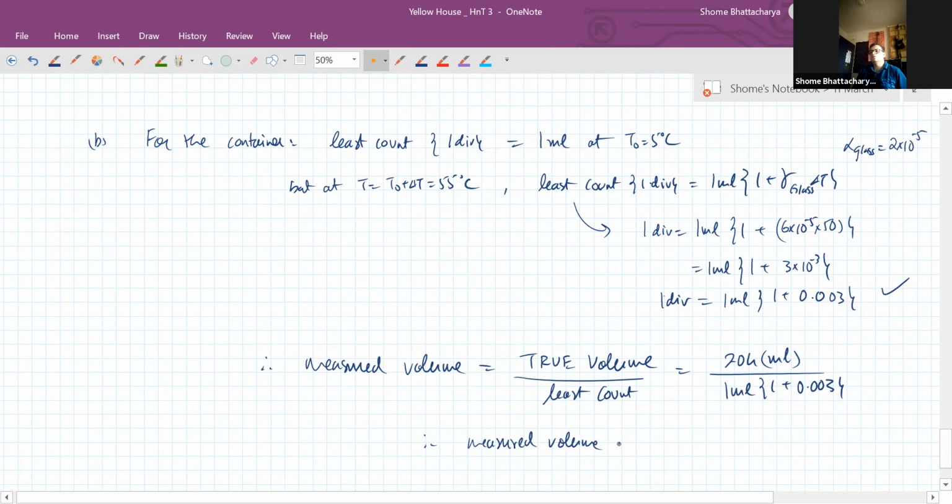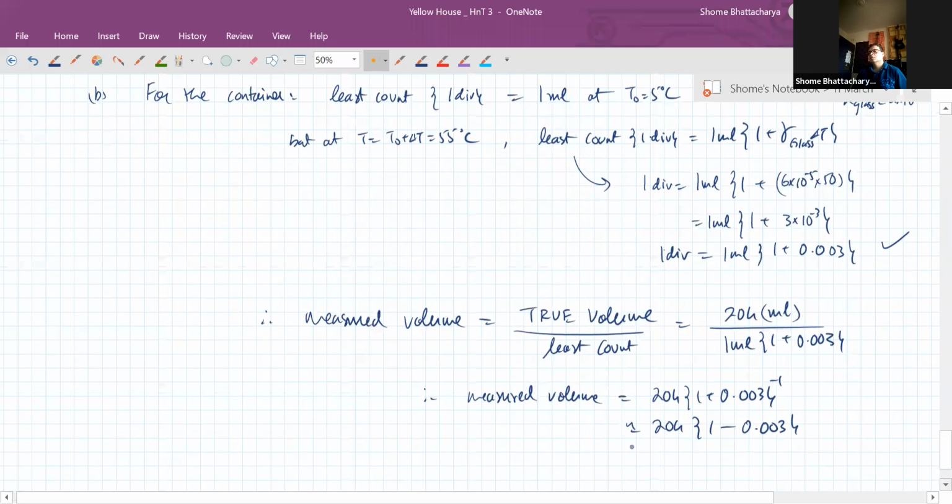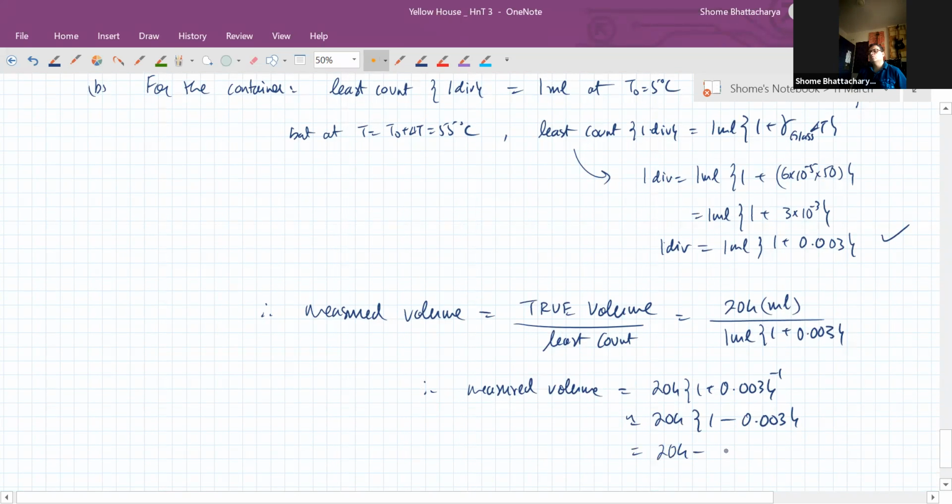is going to be less than the true value, and we can write this as 204 into (1 + 0.003) to the power minus 1. So we can approximate this as 204 into (1 - 0.003). So that is 204 minus 0.612.